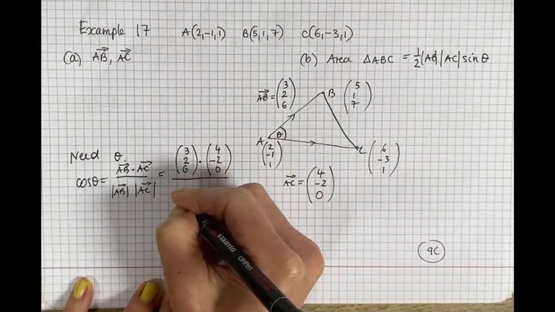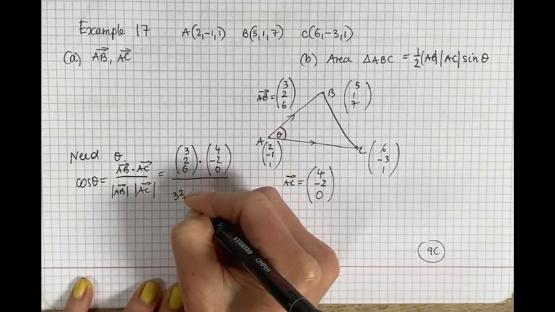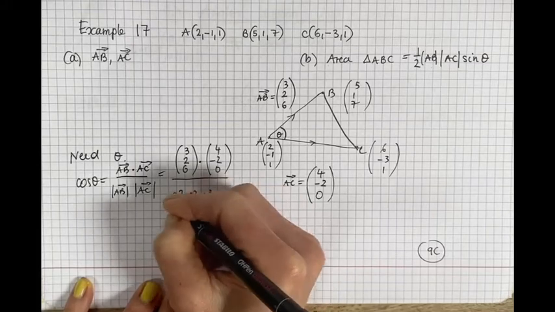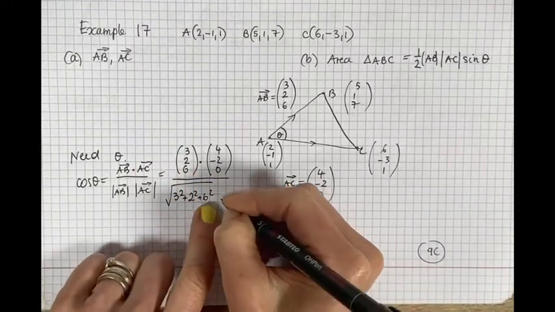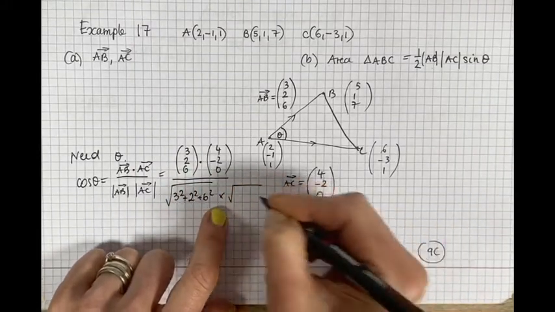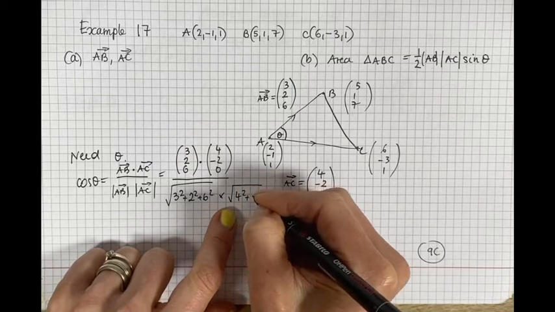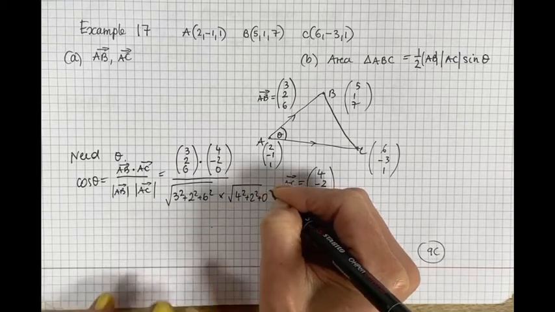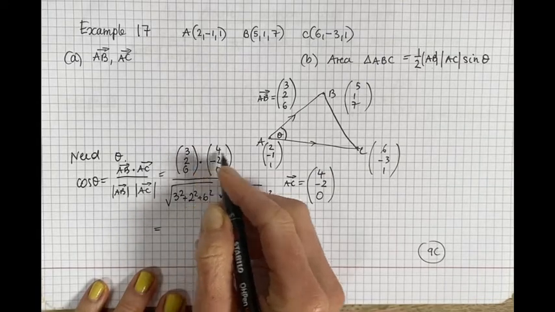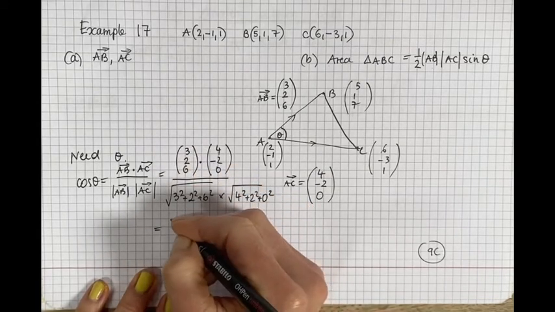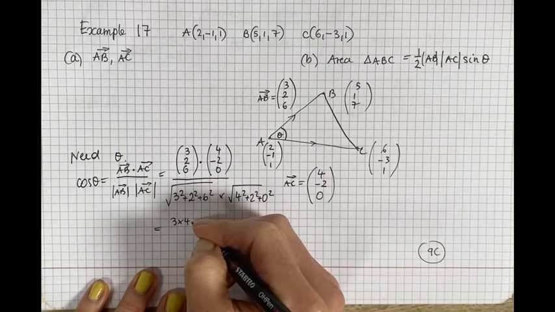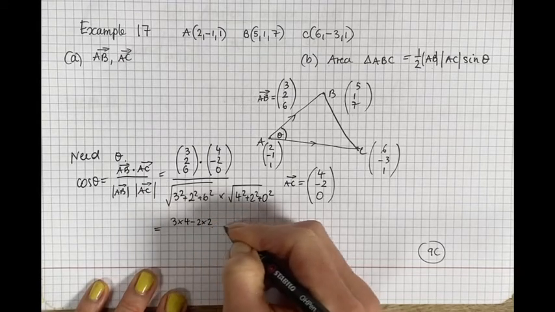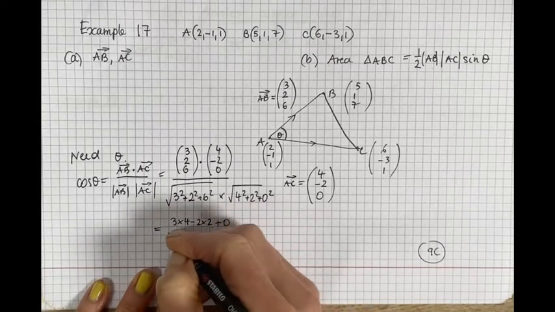And the length is 3 squared, add 2 squared, add 6 squared. So the two vectors on the top, 3D Pythagoras. 4 squared, add 2 squared, add 0 squared. So it's 12. So 3 times 4, minus 2 times 2, plus 0.